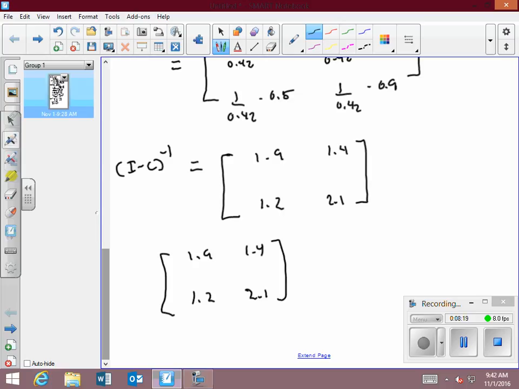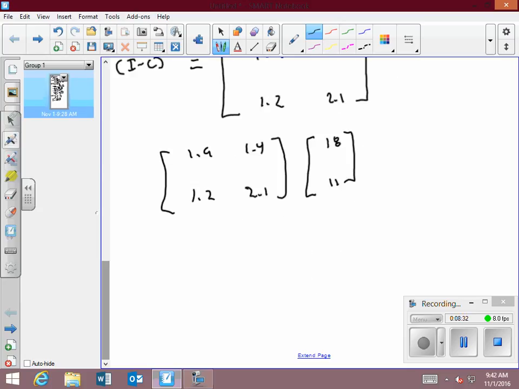And the D matrix in our problem is 18, 11. So this is a 2 by 2 times a 2 by 1. So we're going to get a 2 by 1.